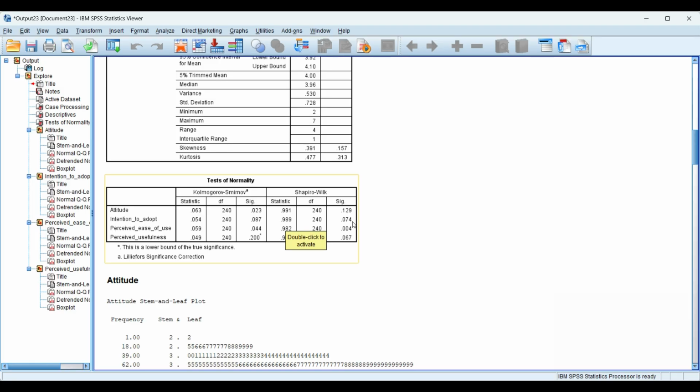So it means the data is normal. The other cases are also the same. So in case of the Kolmogorov-Smirnov test and the Shapiro-Wilk test, we can say that our data is normal.